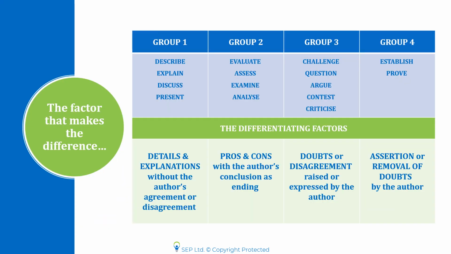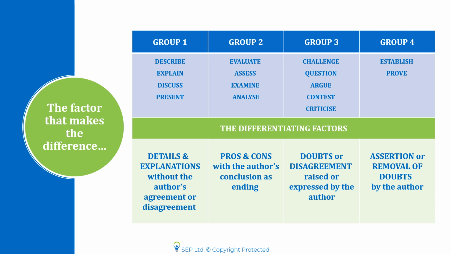So here is a table, the first half of which you have already gone through. This half has the grouping of words with similar meanings. Below each group, we have listed the one important factor that distinguishes it from the other groups. Let us explain further. For example, the words of the first group are used when there is a lot of detail and explanation in the passage, but there is no specific conclusion stating the author's agreement or disagreement or any other opinion.